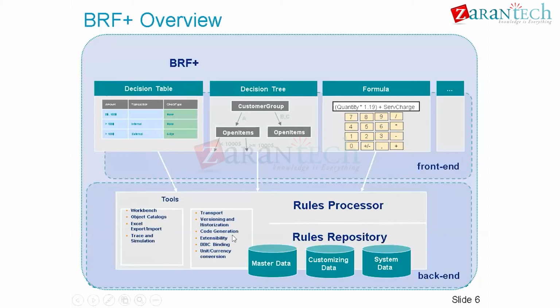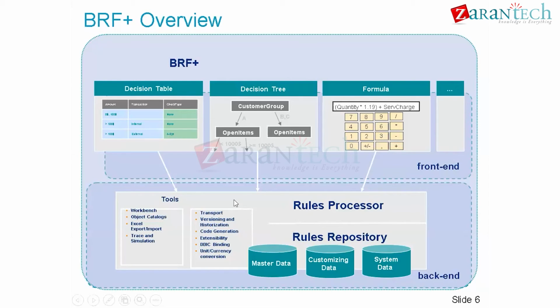Another one is code generation. This is the best feature you have ever seen in any ABAP object. Once you create your BRF Plus application, it will generate the ABAP piece of code for you automatically. There is a feature, code generation.